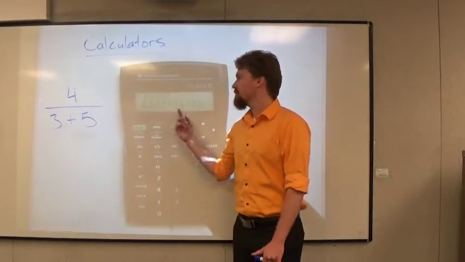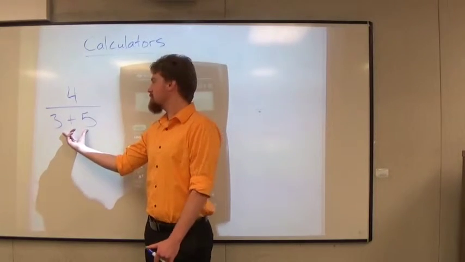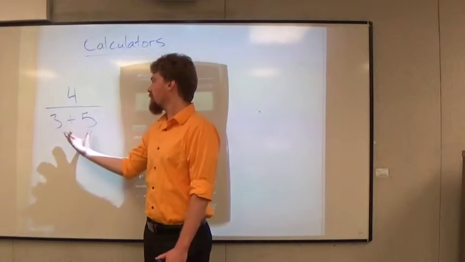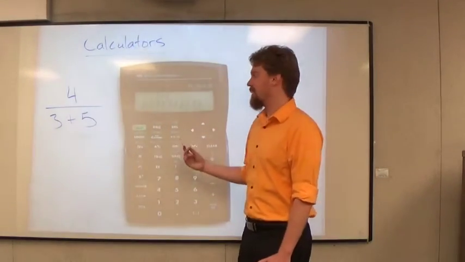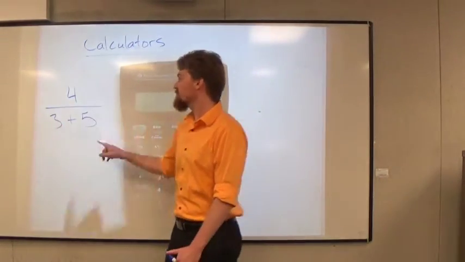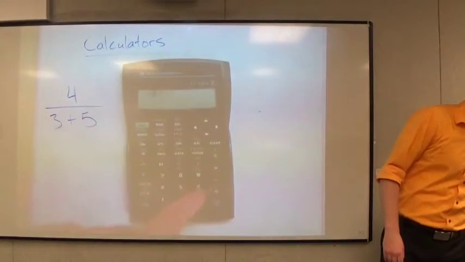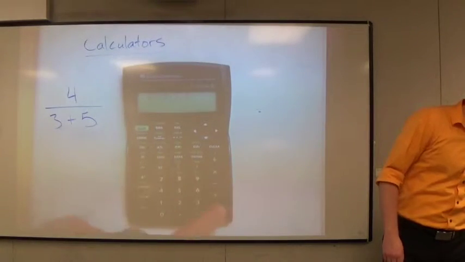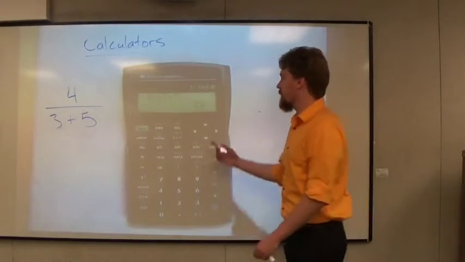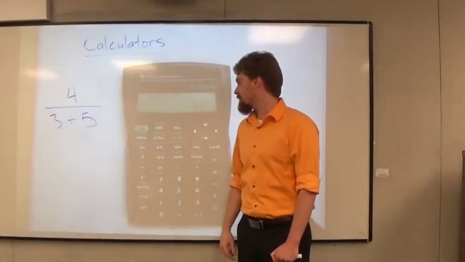Now, same thing as the other one. We want this whole thing to be divided. 4 divided by this whole thing. So, what we need to do is, again, add parentheses. Parentheses here, parentheses here. There we go, 0.5. We put parentheses around the bottom, it does it right.